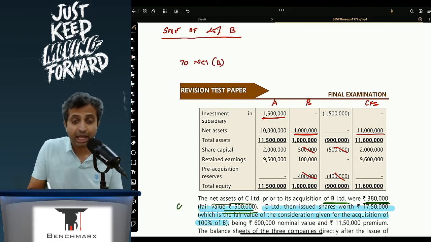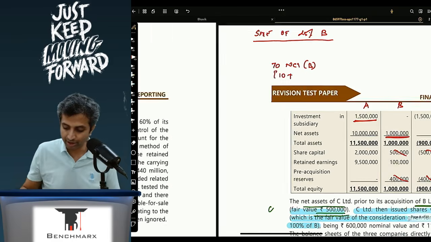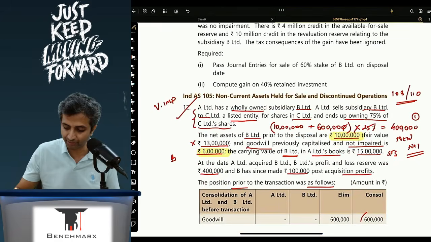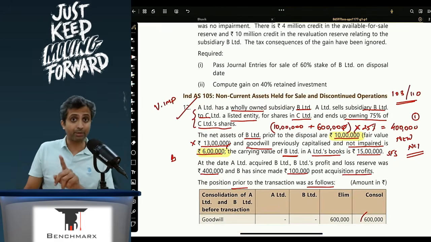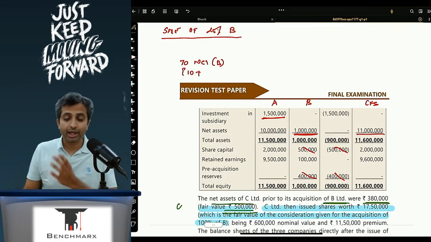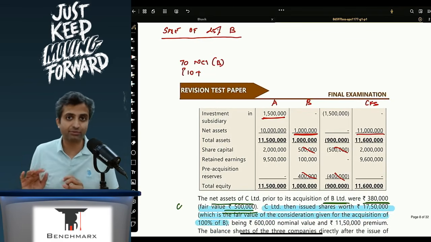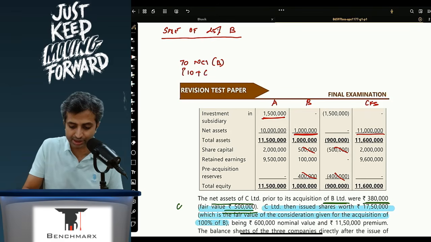This is NCI in B. At what value will the NCI be created? Well, 10 lakhs was the net assets of B. Over here, you can see 10 lakhs was the net assets of B, and 6 lakhs was the goodwill. Remember, this was appearing in A's CFS. 25% of this will be given to the NCI. So 10 plus 6 into 25% will come to, I think, 4 lakhs. So this is 4 lakhs.